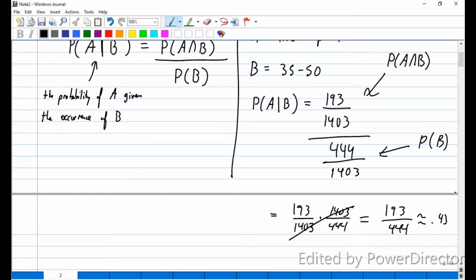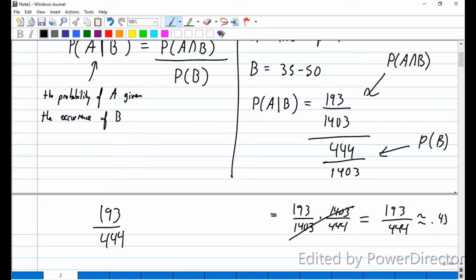The number of people that like the product between the ages of 35 and 50 is 193. Look how many total there is in that row, 444. So it's the number that I actually wrote down first. It's 193 out of 444.